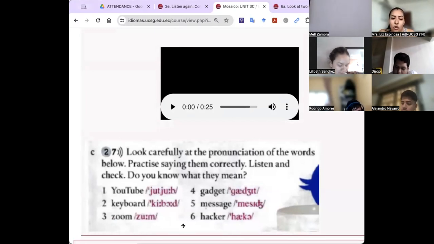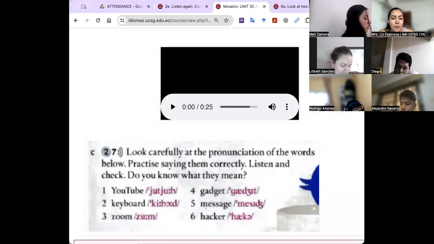It is keyboard, not keyboard. It is Zoom, not Zoom. Then gadget. It's message, not message. You see the apostrophe? Hacker. Okay, so let's listen and repeat, okay?